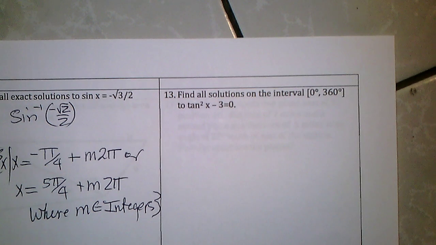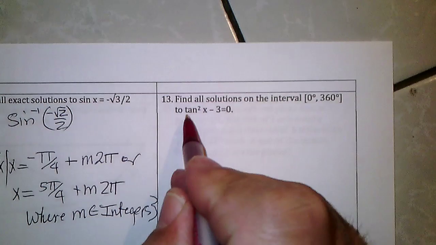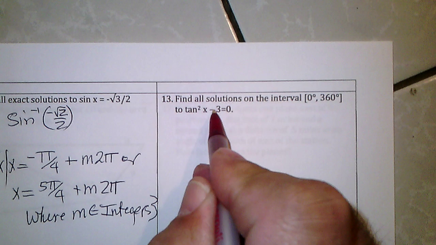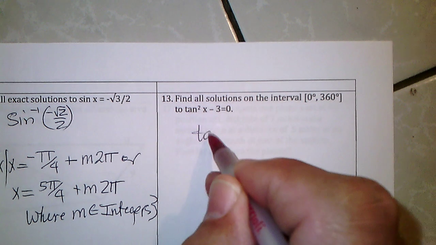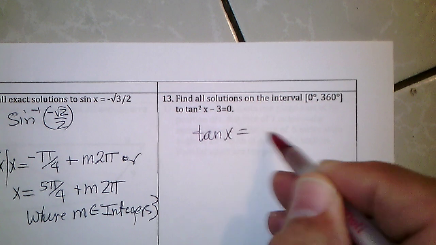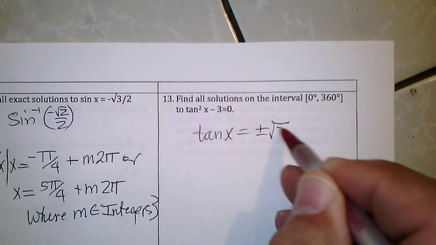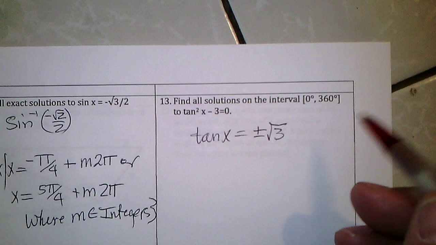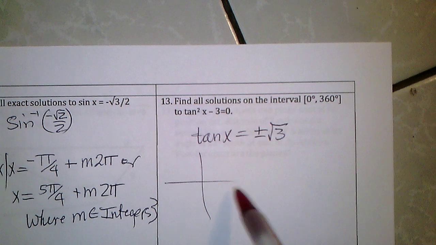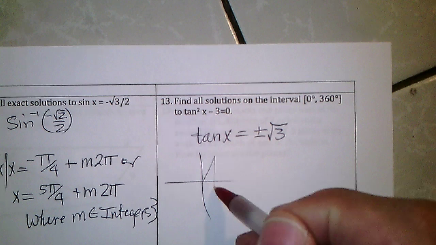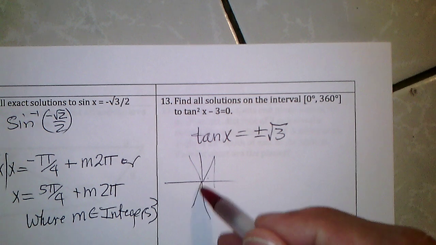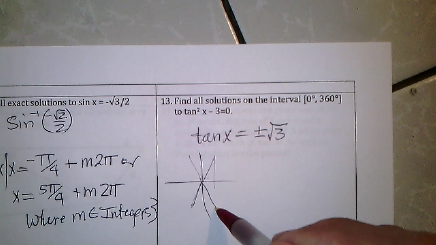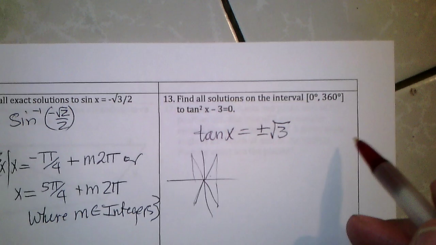Okay, this one. I'll let you do it in degrees this time. So tangent squared of x equals 3. So if I take the square root, I get the tangent of x equals plus or minus the square root of 3. That happens to be special angles. Tangent's the square root of 3 at 60, 120, 240, and 300.